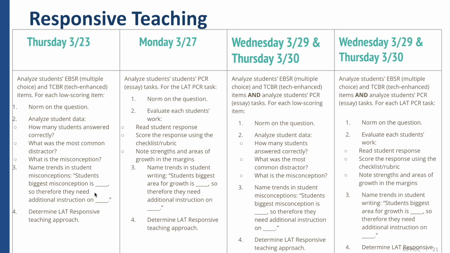Students' misconception is, so therefore they need additional instruction on. And then you'll determine the literary analysis task, responsive teaching approach. You'll do a similar protocol with writing. And again, this trend follows for the following week for Wednesday and Thursday.